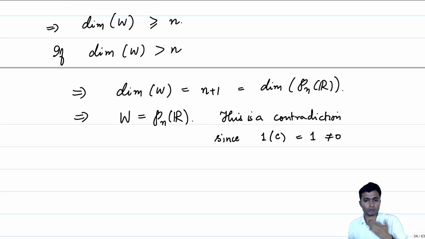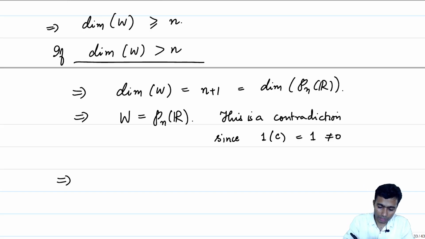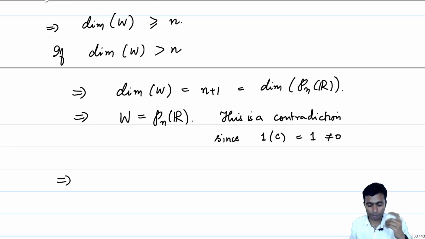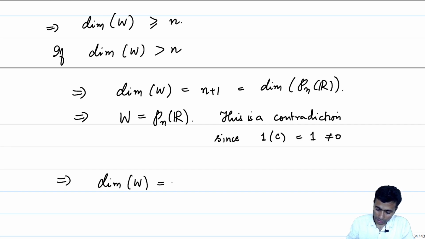Non-zero constant polynomials do not vanish at any point, and every element in W should necessarily vanish at c, that is, P of c is equal to 0. So this is a contradiction. The assumption which I just underlined cannot happen. This implies the dimension of W is equal to n.